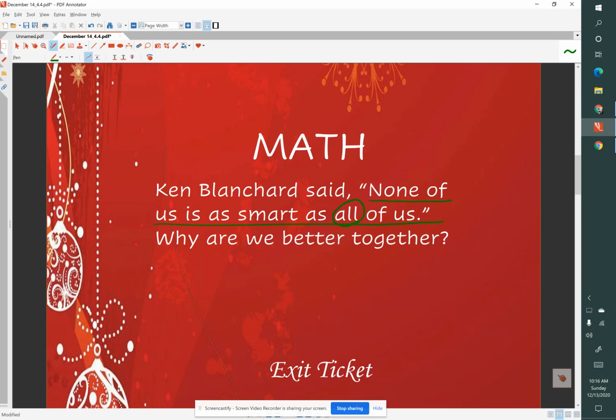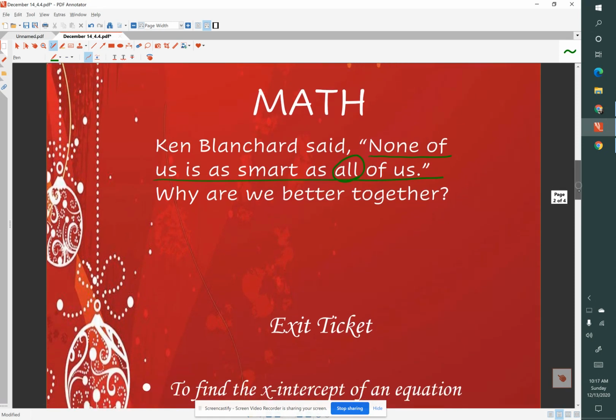Why is that never as good as two people together, even if one person, a genius, is working by themselves? Sometimes when you're working by yourself, you don't see the forest for the trees. You don't see that other way to approach a problem. You don't see that other solution. Collaborative work is really the way work gets done and gets done successfully. It's what it takes to run a business, a classroom, and a school system.